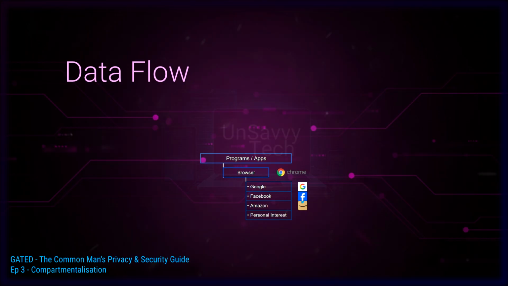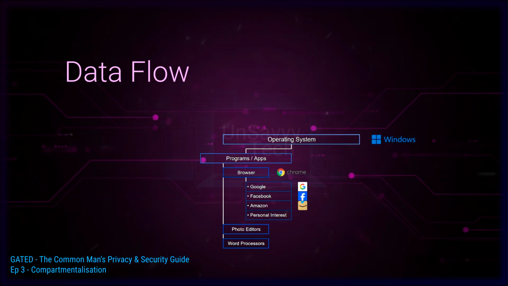Besides the browser, we might also use other software like photo editors or word processors. The next step up is that all of these programs and apps sit within the operating system. For most of us, this is Microsoft Windows, which is what this series of videos is focused on.